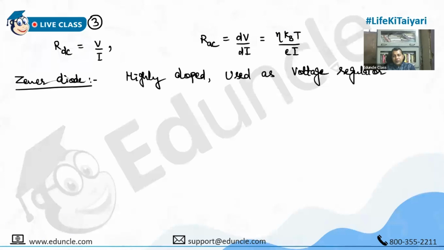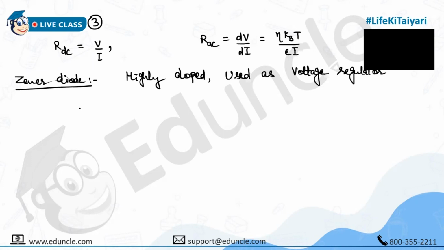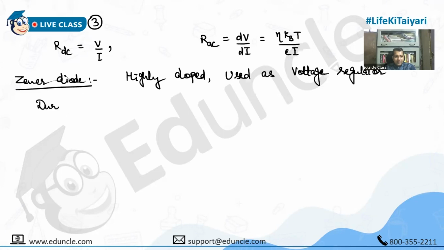There is one more difference: it uses the Zener effect, breakdown. It can work both during forward and reverse bias. During forward bias, it works like a normal diode. If Zener is forward biased, then there is no difference between Zener and normal diode.